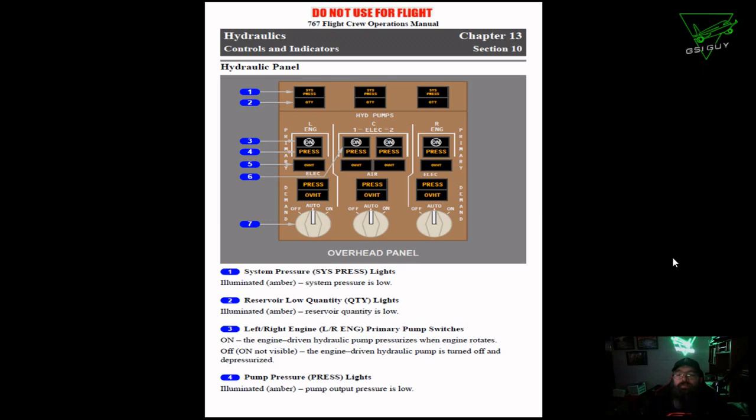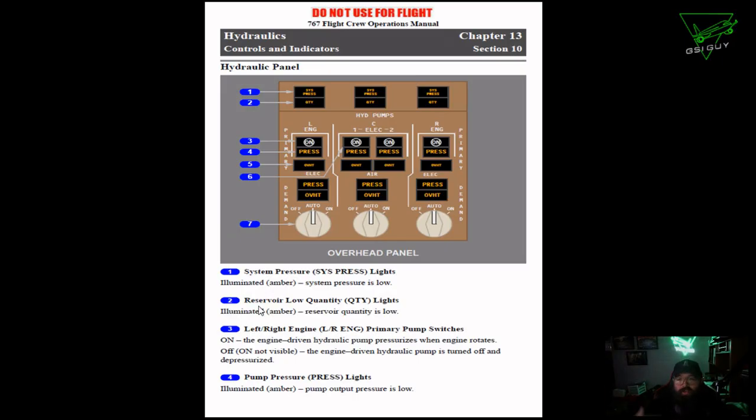So when we look at this, and we look at the blue number 2 there, which is the quantity lights, or it could be RSVR, reservoir lights, depending on the aircraft. When we look at the definition, when it's illuminated, it's going to be amber, and it says reservoir quantity is low. That's all you're going to find.